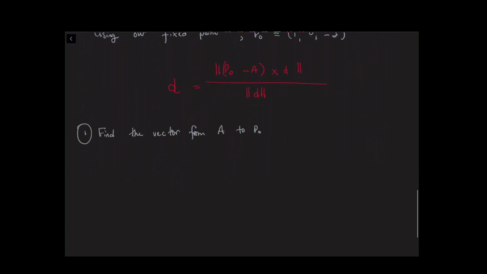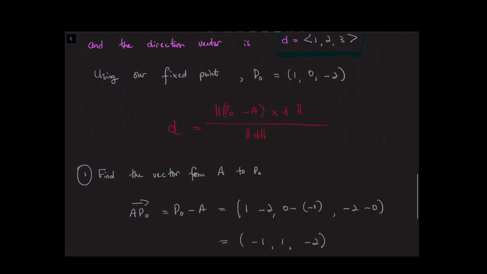A is equal to (2, -1, 0). P0 is equal to (1, 0, -2). So AP0 is equal to P0 minus A, which gives 1 minus 2, 0 minus negative 1, negative 2 minus 0, which is equal to (-1, 1, -2).